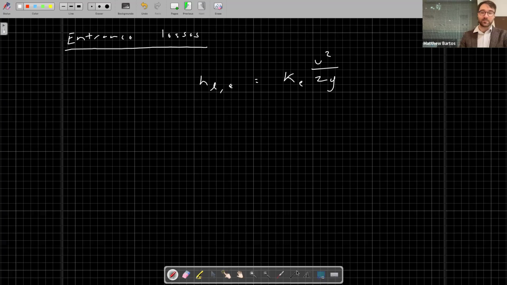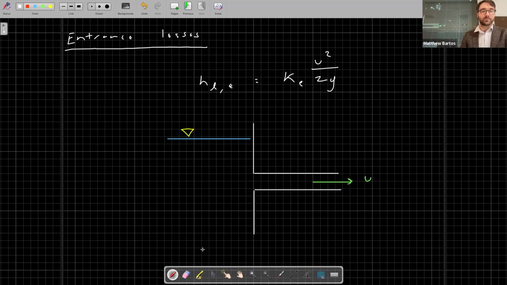And let me just draw a diagram to make it clear what I mean here by u. So let's say we have a reservoir that transitions into a pipe. u here refers to the velocity in the pipe. And on the upstream end, we have a reservoir with some water level.